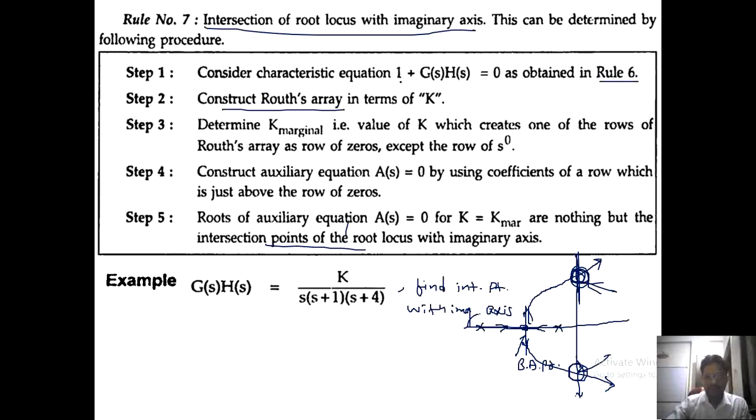First step is to consider the characteristic equation, that is 1 plus g of s into h of s equal to 0.